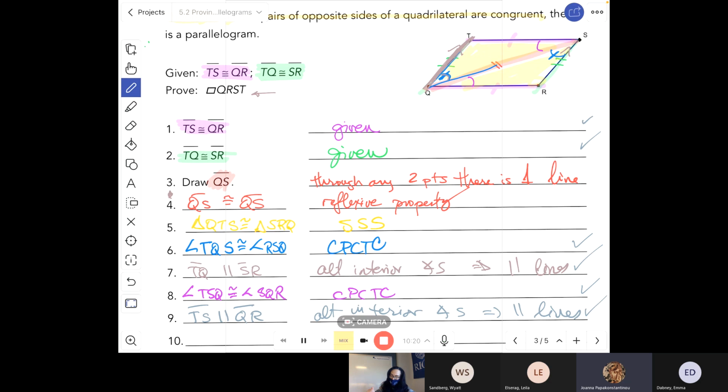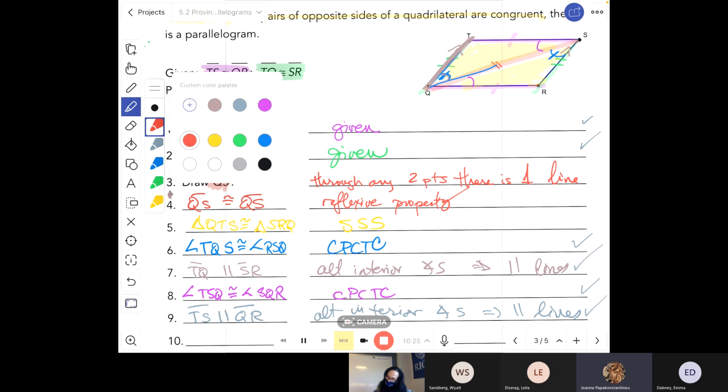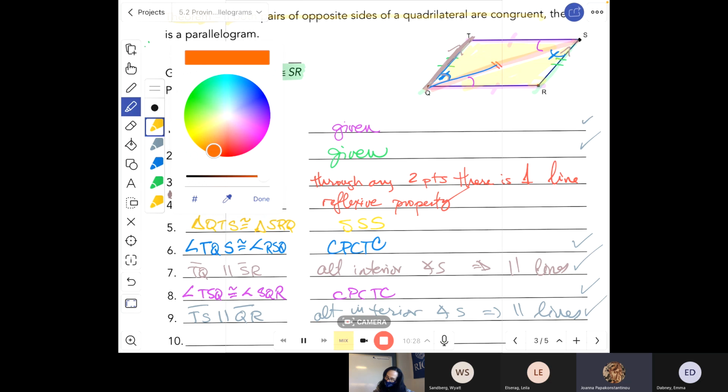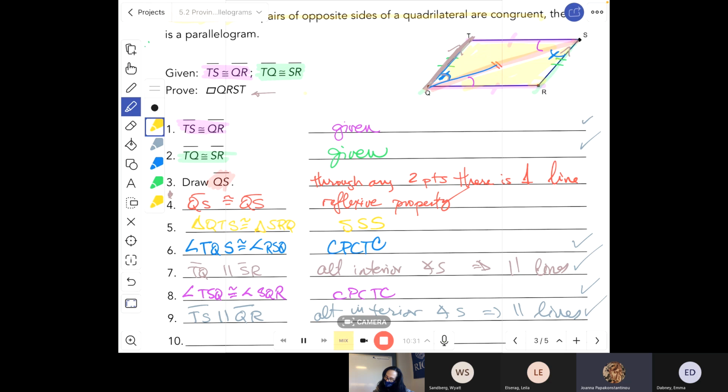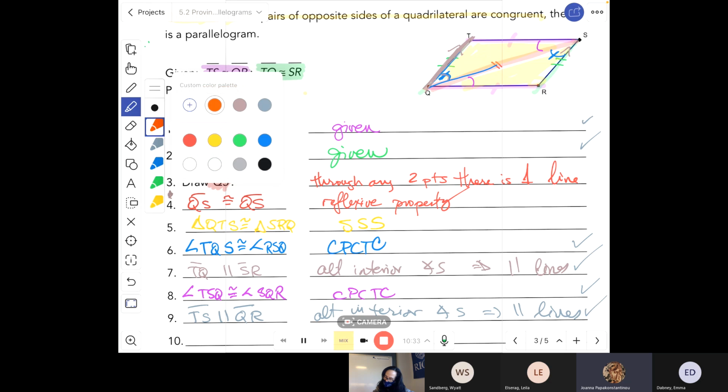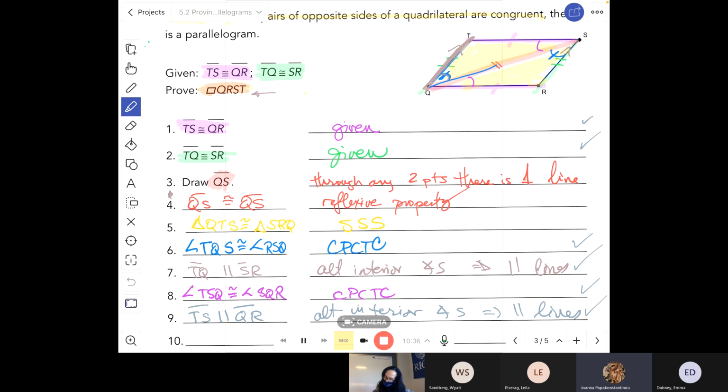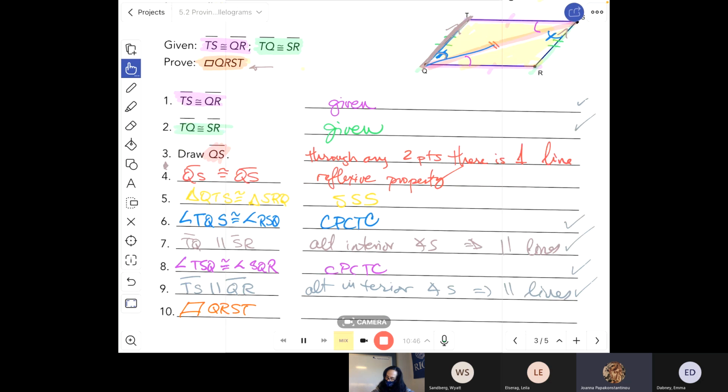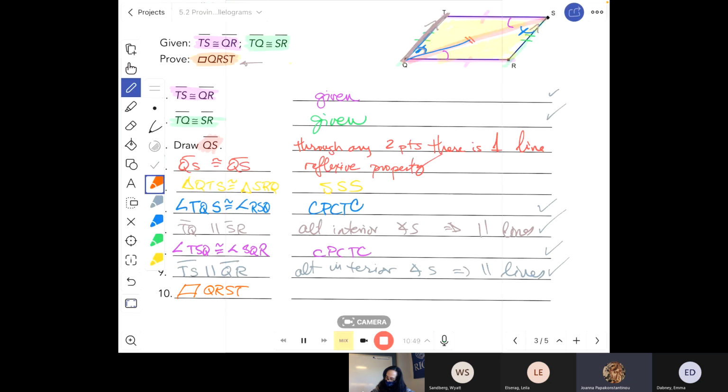So last but not least, the whole point of this was to prove this, and we have now proven it because we have all those little pieces that we needed. How can we justify this? The definition of a parallelogram. Opposite sides are parallel in particular.